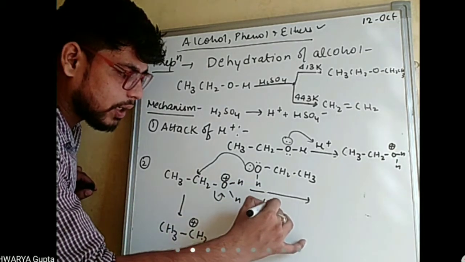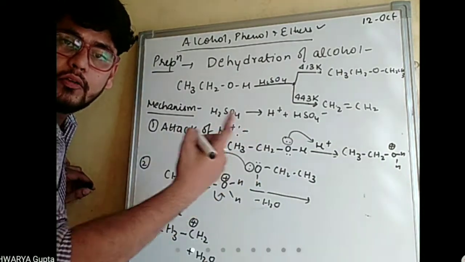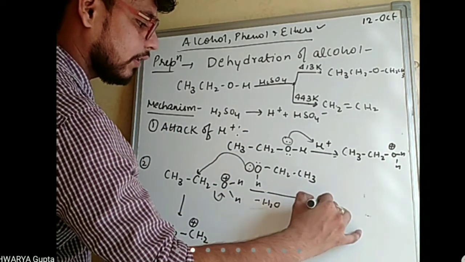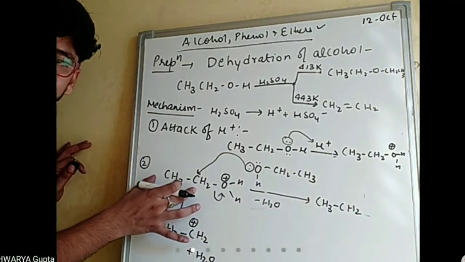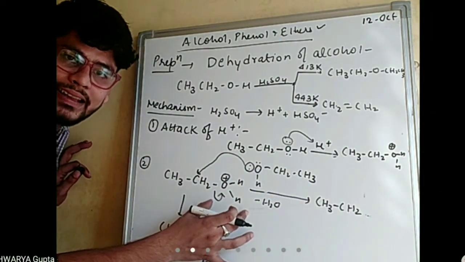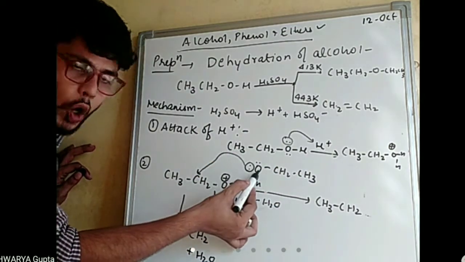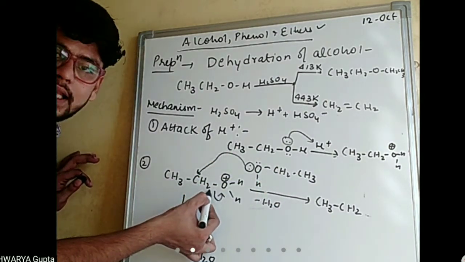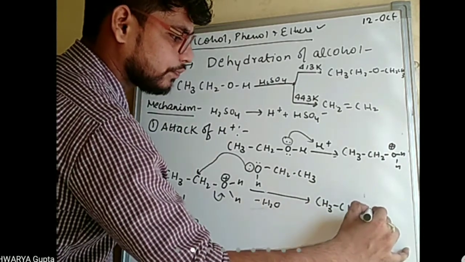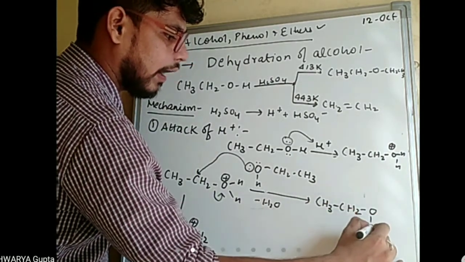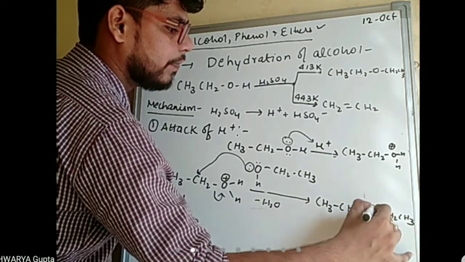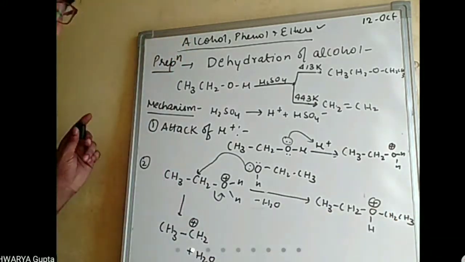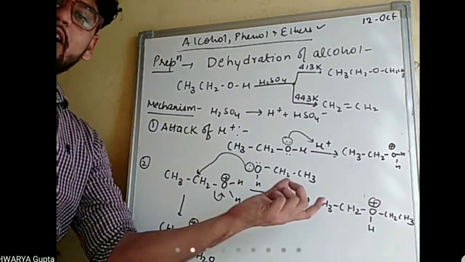That is, H2O is removed, and this oxygen has made a bond with this carbon. So oxygen, hydrogen, CH2 and CH3, this oxygen will be having a positive charge. There is also this possibility.